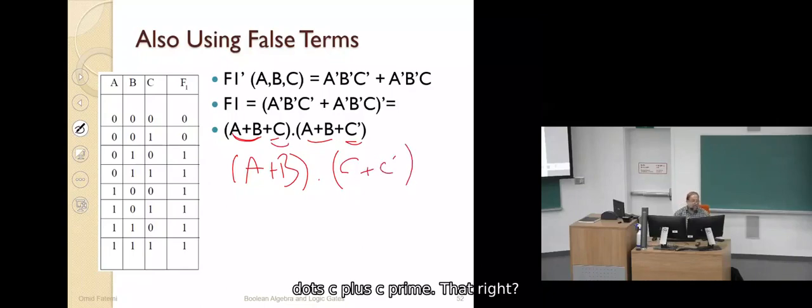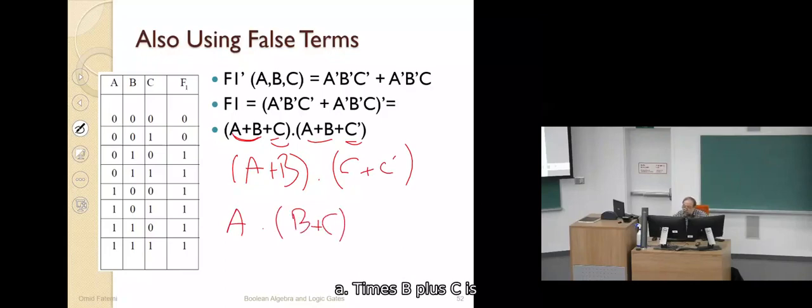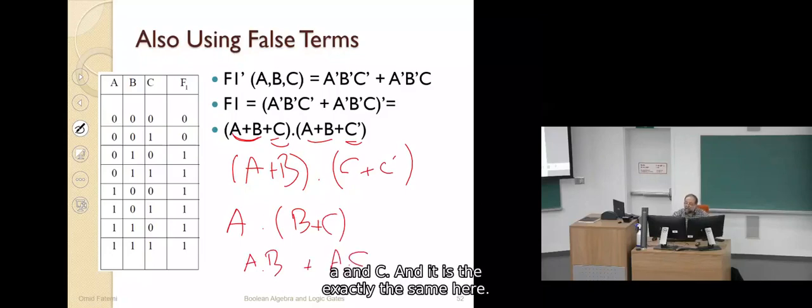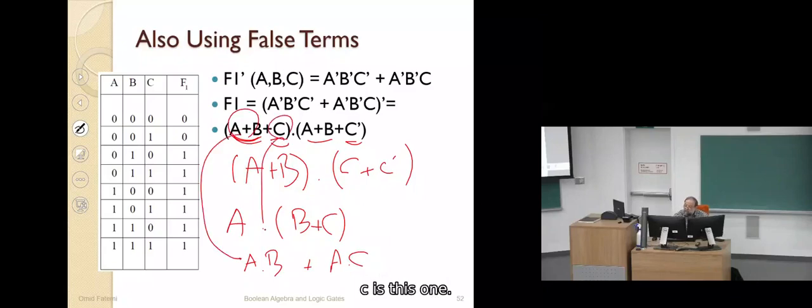Is that right? It is the distributive law. Distributive law says, for example, A times B plus C is A and B plus A and C, and it is exactly the same. Here, A plus B is this one, C is this one.